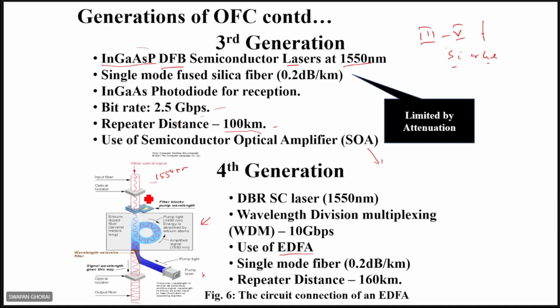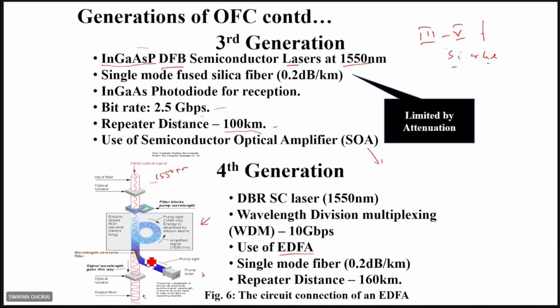Then how to amplify? There is no optical to electrical conversion, but you see, using a portion of fiber which is EDFA, erbium-doped fiber amplifier, this can be amplified. Here is the attenuated signal, and here it is the amplified signal. Output, it is amplified. You can compare this with this.